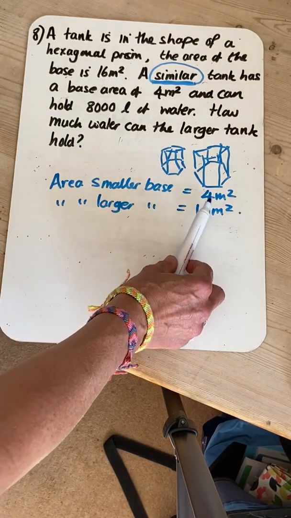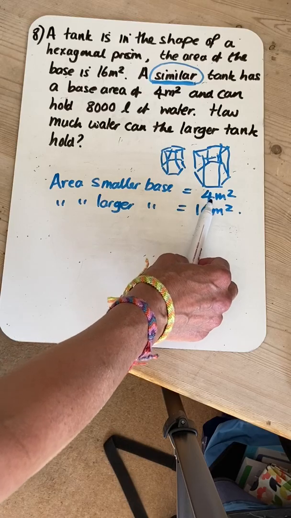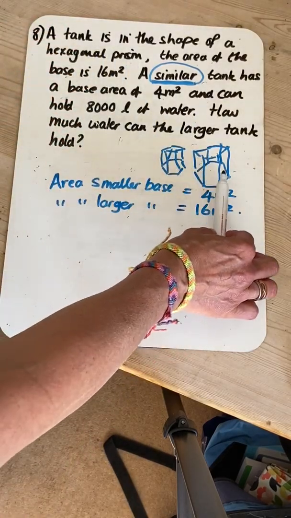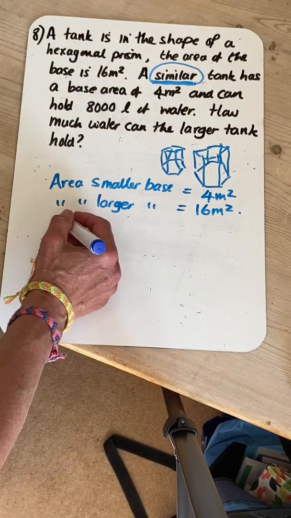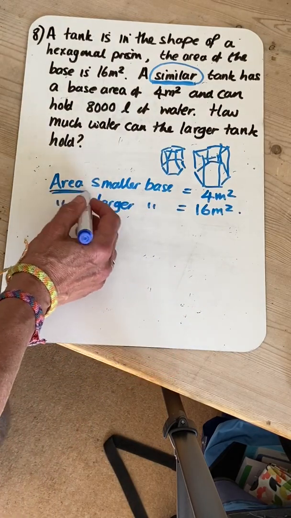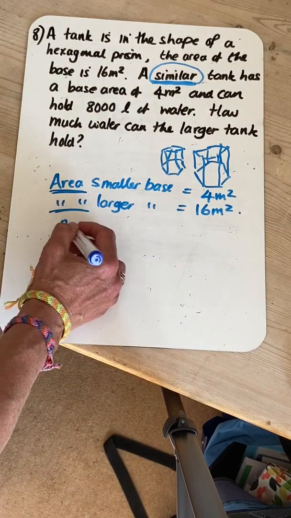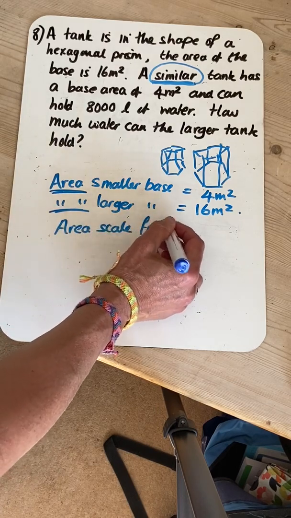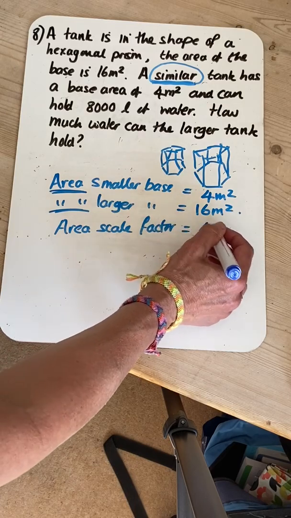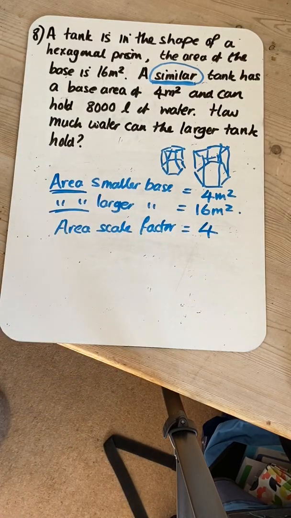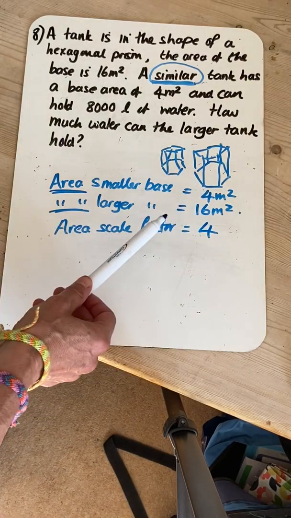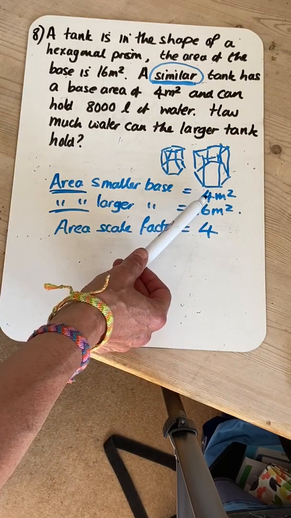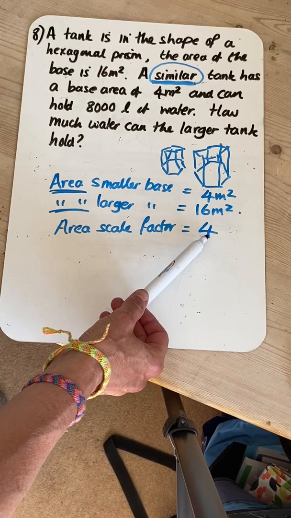Our scale factor going from 4 to 16 here, the scaling up going from the little tank to the bigger tank, is an area scale factor. So our area scale factor is going to equal 4, yeah? 16 divided by 4, or 4 times 4, however you look at it, the area scale factor going from the smaller one to the bigger one is a 4.